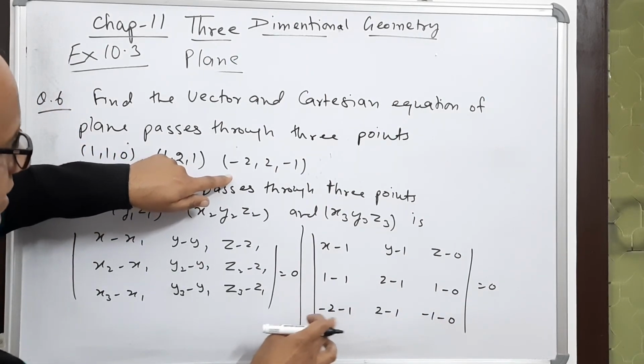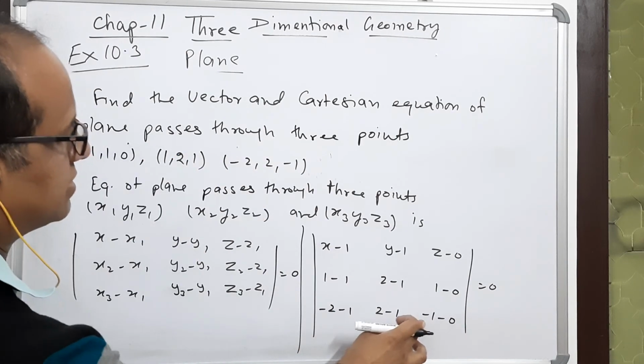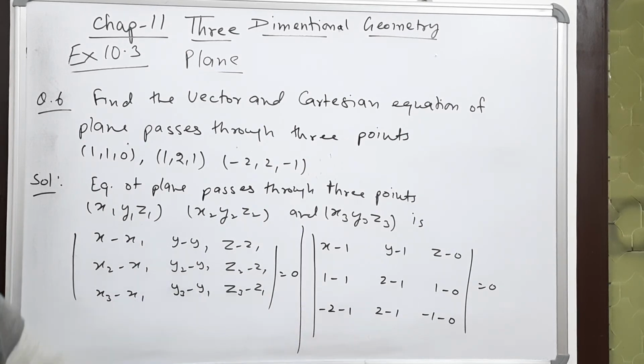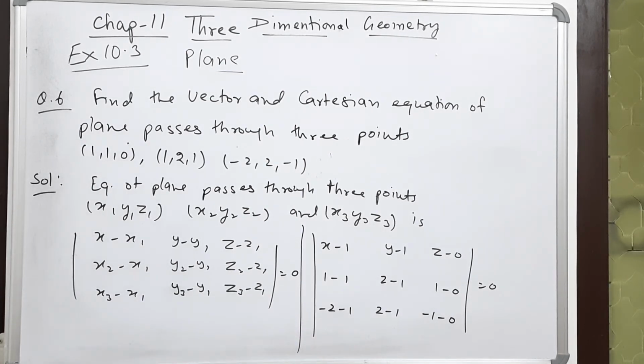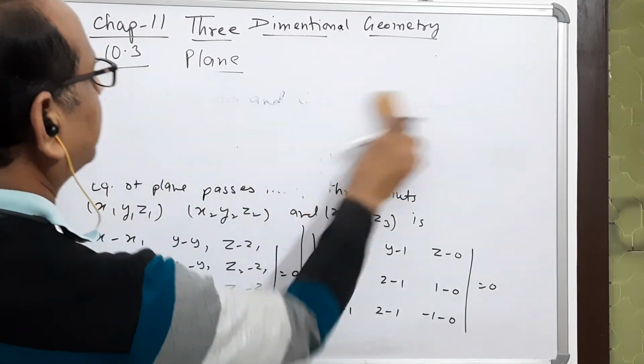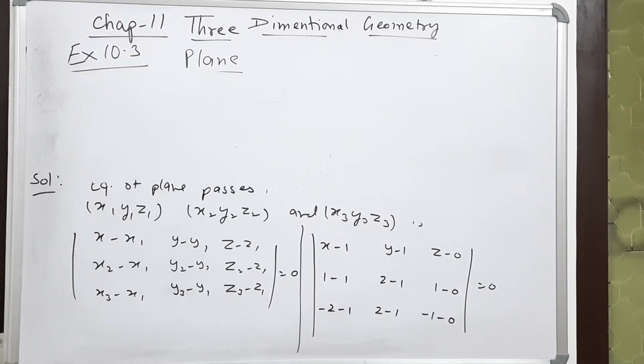Here it is x3 minus x1, y3 minus y1 and z3 minus z1. And after simplifying this part, you have already read this in determinants very nicely. If you simplify this part, then you can find the equation of the plane.